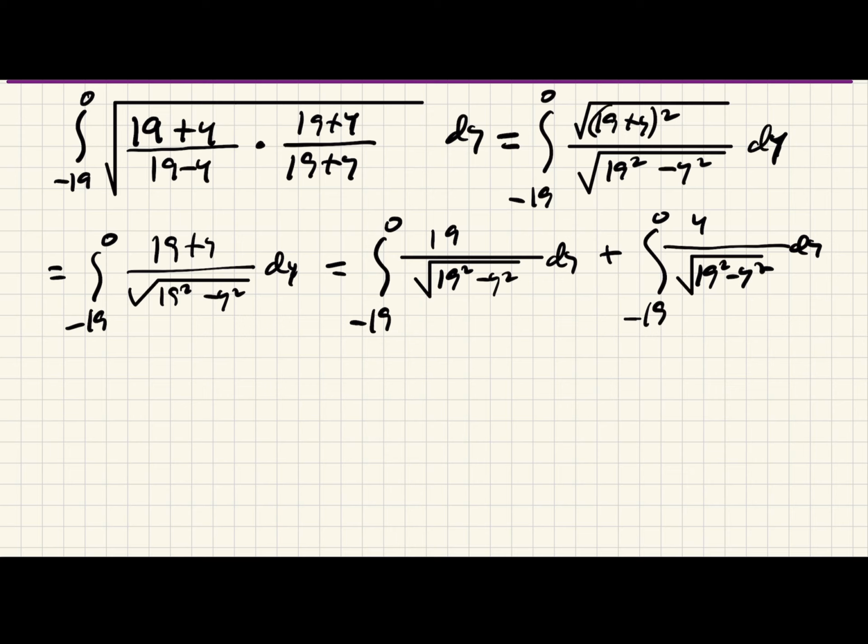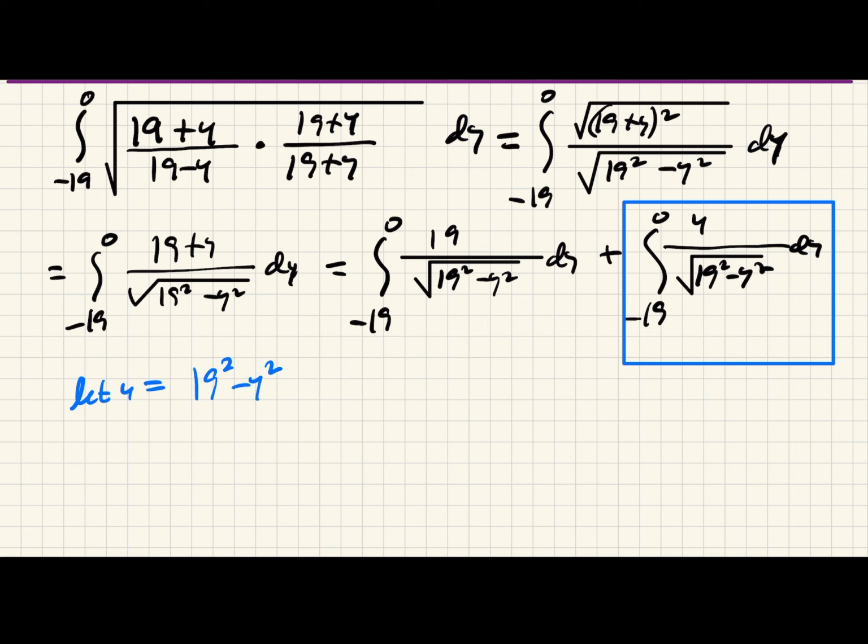So let's do that. We're going to say, let u be, and I think probably the best thing to do will be 19 squared minus y squared. And then du will be minus 2y dy. No, I don't have minus 2y dy. I just have y dy.